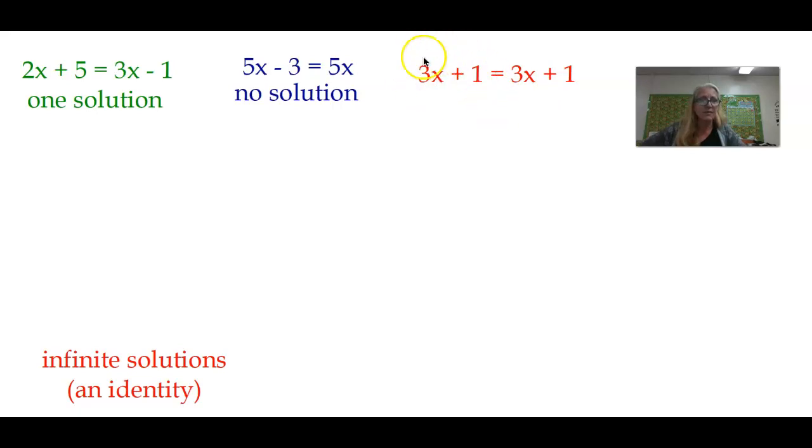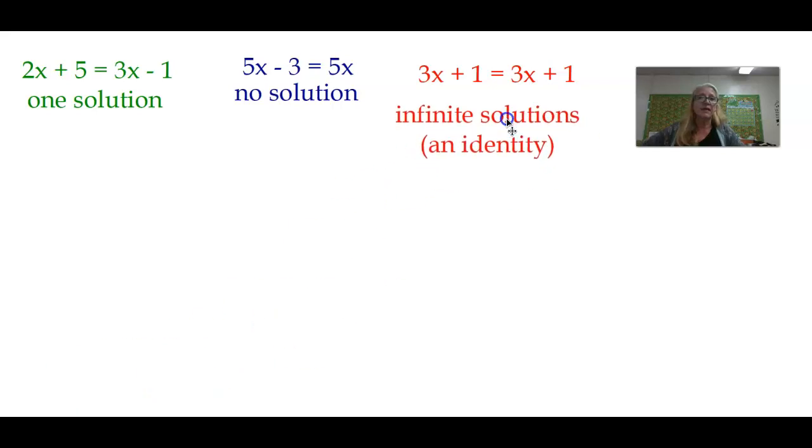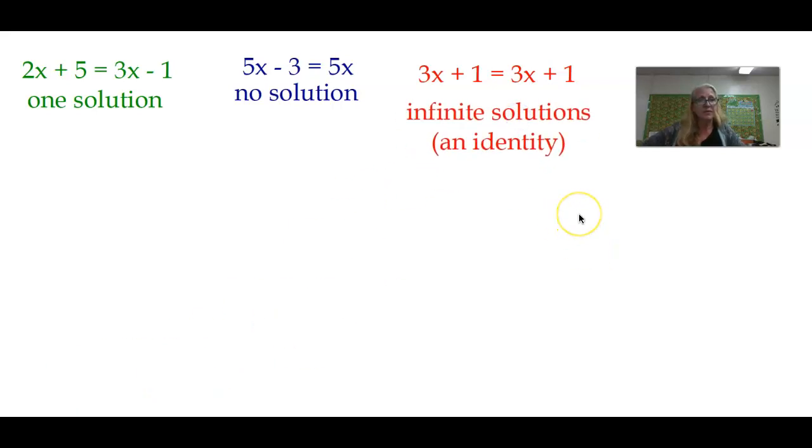I did the same thing to x on this side as I did on this side. This is called an identity. It has infinite solutions. x can literally be any number, and it still works. You'll know an identity when you look at your equation and the left and the right sides are identical. Think about it: identities are identical.